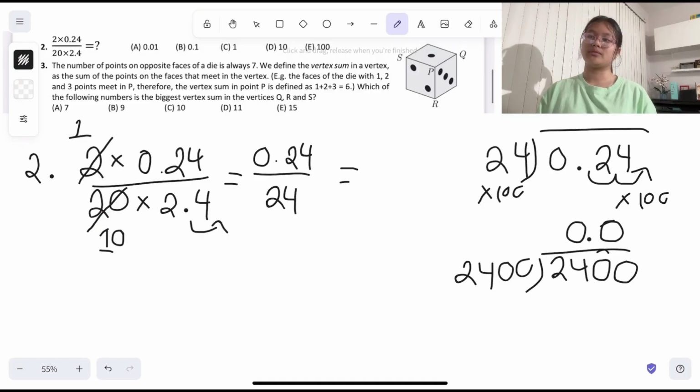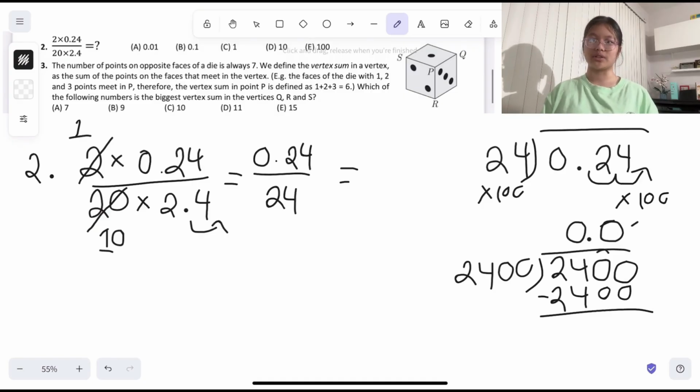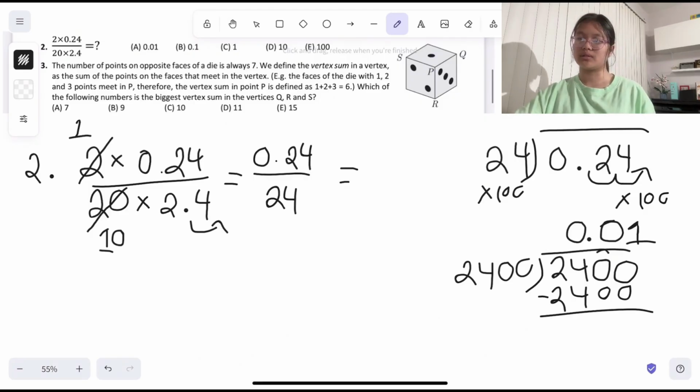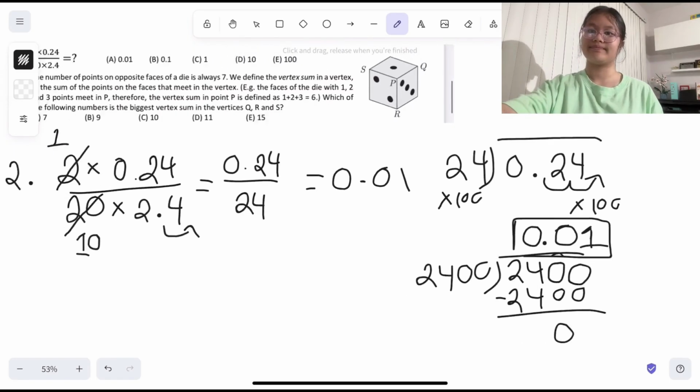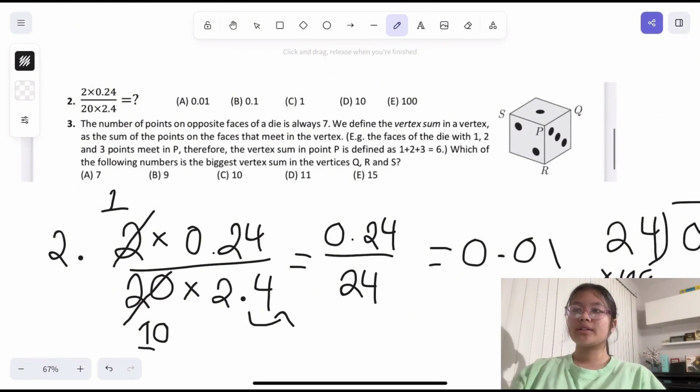So now we do 1, so 2,400 minus 2,400, and that is 0. So what we get is 0.01 as our answer. Knowing that, we are able to circle A as our answer. Alright, so on to question number 3.